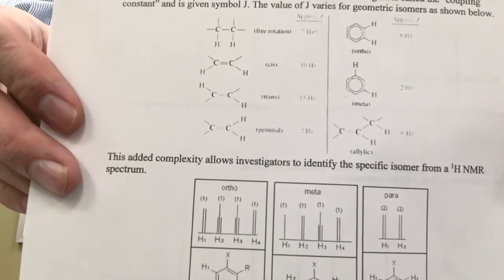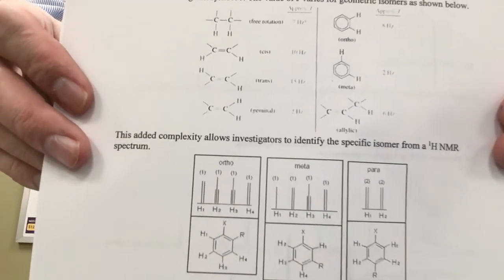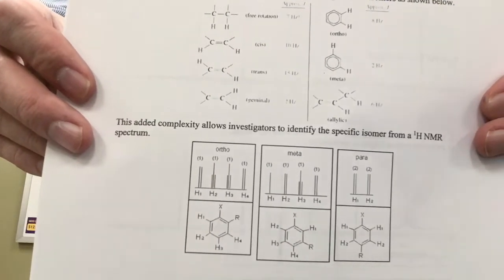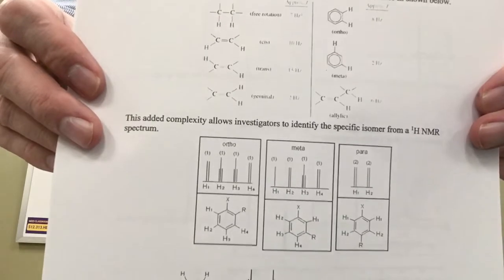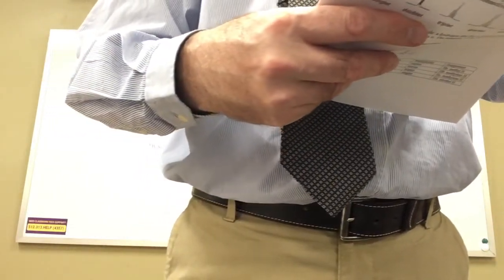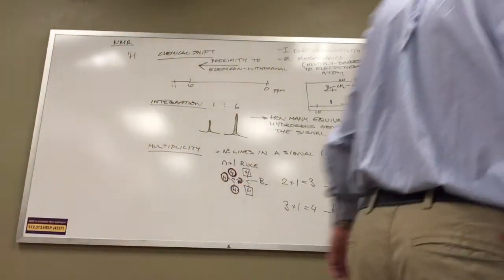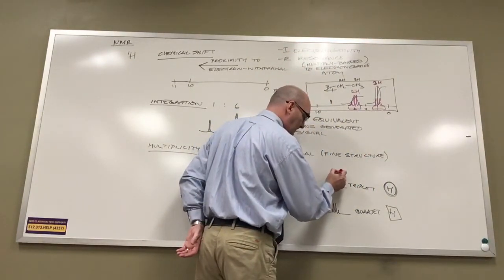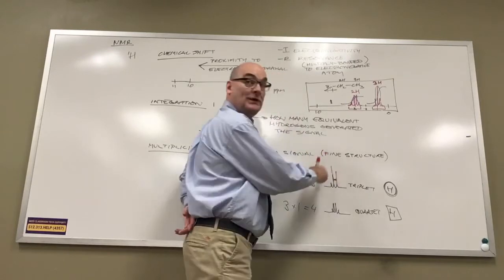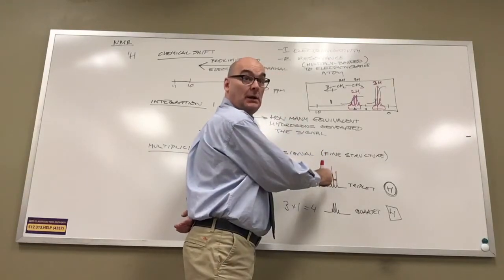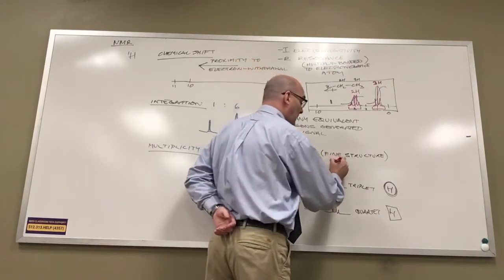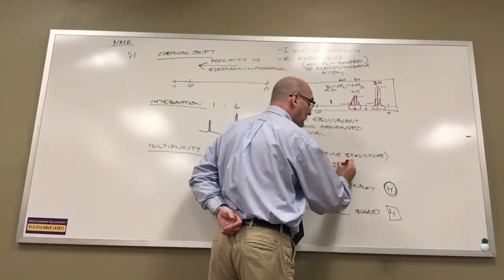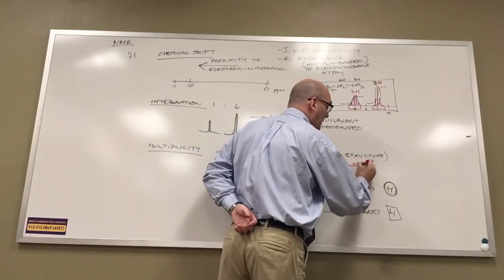And here's a couple of different looks at geometric isomers. They get tricky when they go aromatic. But you can see that the gap, this gap, the gap between 2 lines in a signal is given value J and is called the coupling constant.